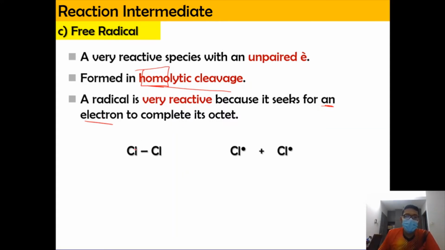The chlorine has the same electronegativity because both are chlorine atoms. So the bond here is going to be transferred equally, with a half-headed arrow here, which refers to the transfer of one electron and the transfer of one electron. So each Cl atom is going to get one electron, and it's going to be a chlorine free radical.